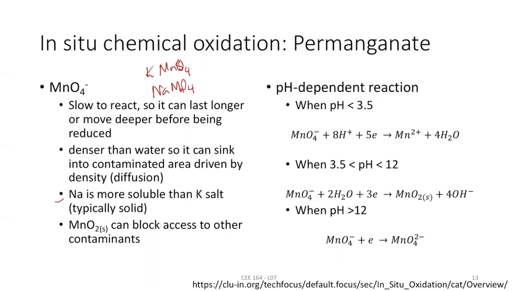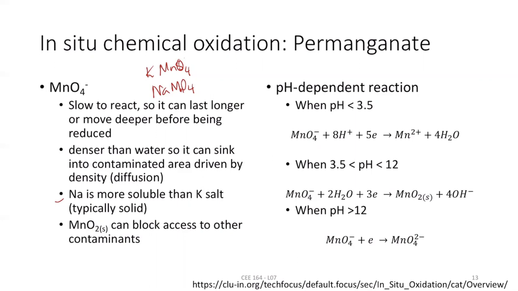And second, permanganate is used because it's denser than water. The reason it is efficient is that groundwater is always at the bottom. So if you are injecting, it's very easy to pass through the subsurface and go deeper and deeper. Naturally it will percolate downward, so you don't have to worry about dispersing and spreading across the soil.